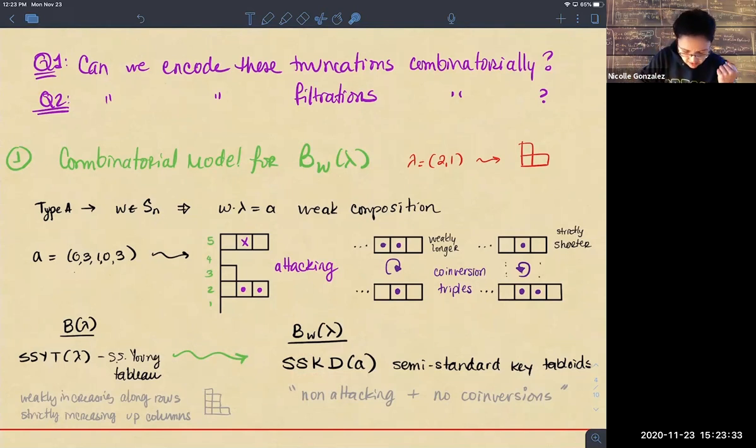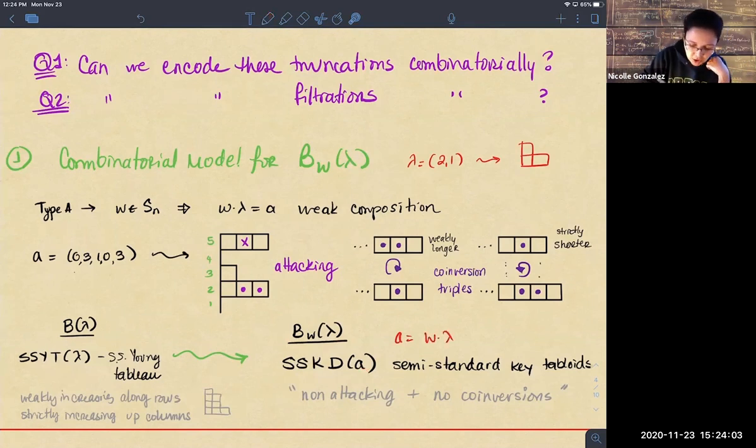So the first thing is, for semi-standard Young tableaux, you're going to look at diagrams that have partition shape, right? Because your highest weight crystals are indexed by partitions. In the case of Demazure crystals, our crystals are indexed by weak compositions, right? Because you're getting a partition times a permutation. That's the shape that you're after. So that's what we're going to call A. A is going to equal W times lambda.